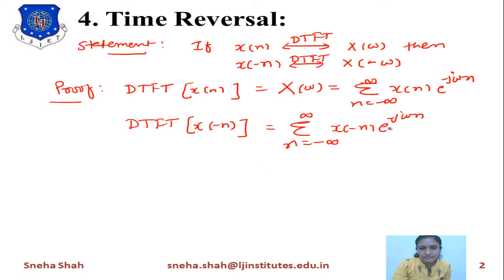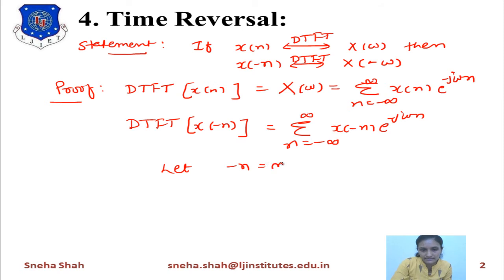The next step is applying the rule for the term in the bracket. For that we will take another variable: instead of minus n, we take m. So what will be the range of m? When n equals minus infinity, m equals plus infinity.